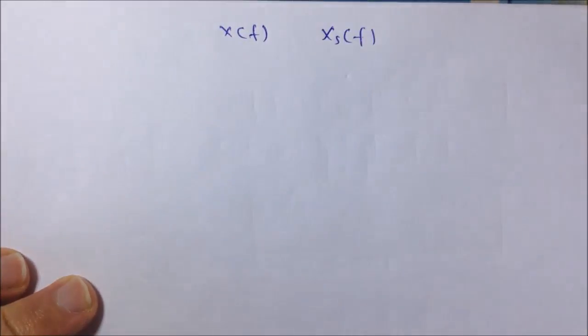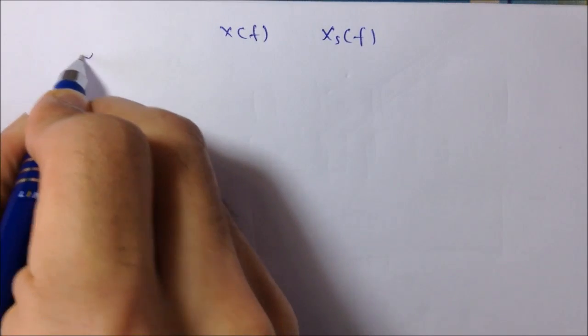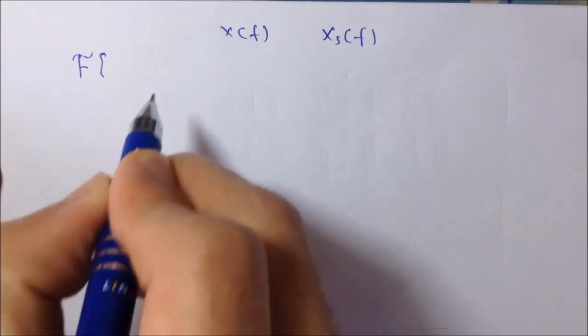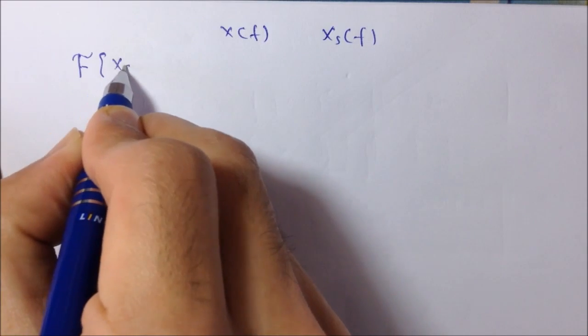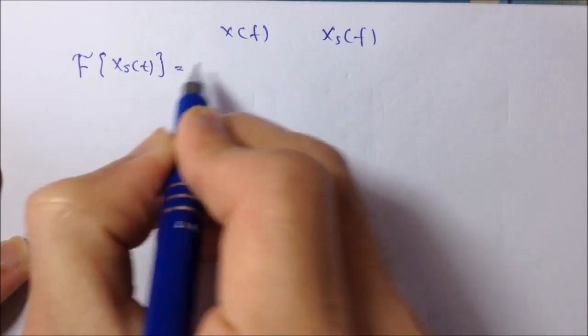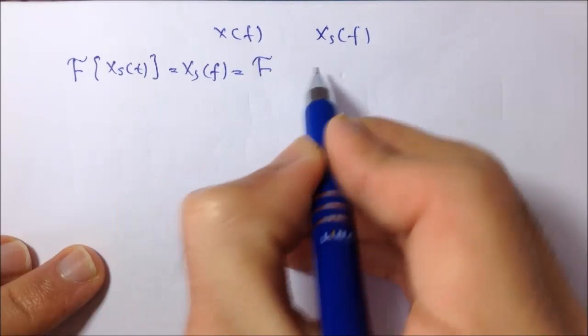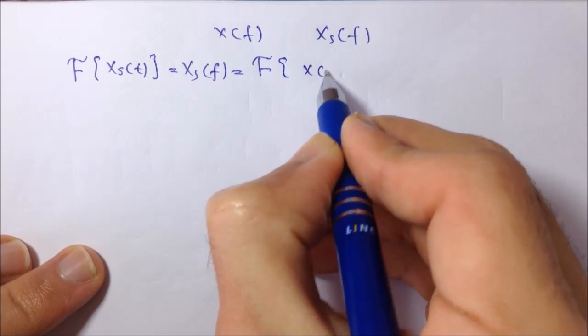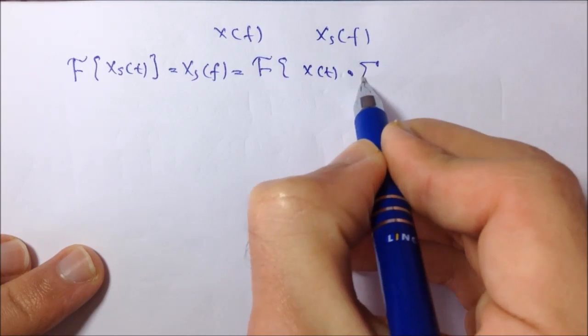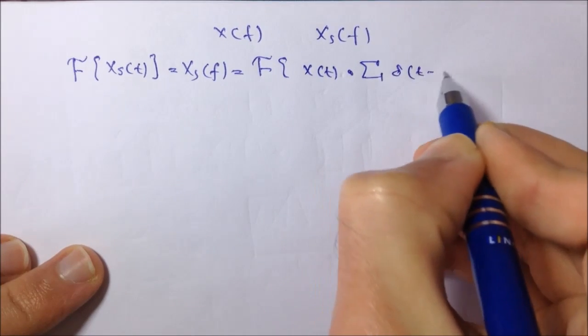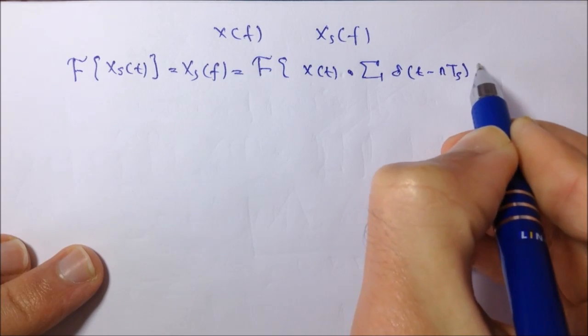Okay, now we have to understand the relation between X(f) and X_s(f), where X_s(f) is the spectrum of the sampled signal and X(f) is the spectrum of the original analog signal. To do this, we have to evaluate X_s(f), which is the Fourier transform of x_s(t), which equals the Fourier transform of x(t), the original analog signal, multiplied by a sampling train at a rate of 1/T_s samples per second.